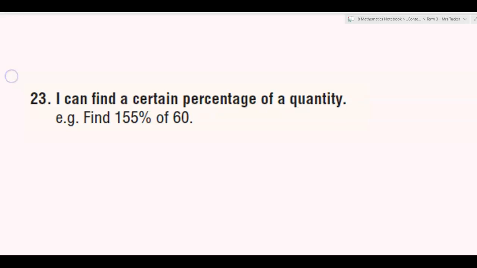Okay, let's go, 30 seconds. If you're a unitary method fan, I would say that is not a good method for this one. There's a lot faster. What's the fastest one?